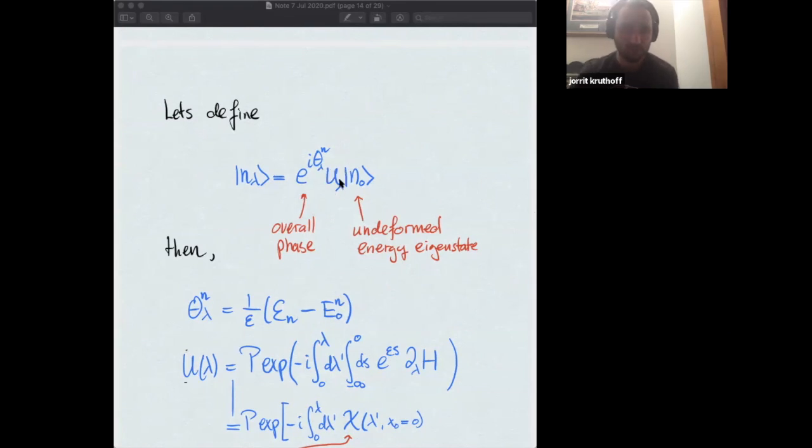The important physics is in this operator U that tells me how these states are mixing. So yes, there are certainly some subtleties, especially with this type of phase factor. But again, these are just pieces that are diagonal, matrices that are diagonal in the energy eigenstate basis.